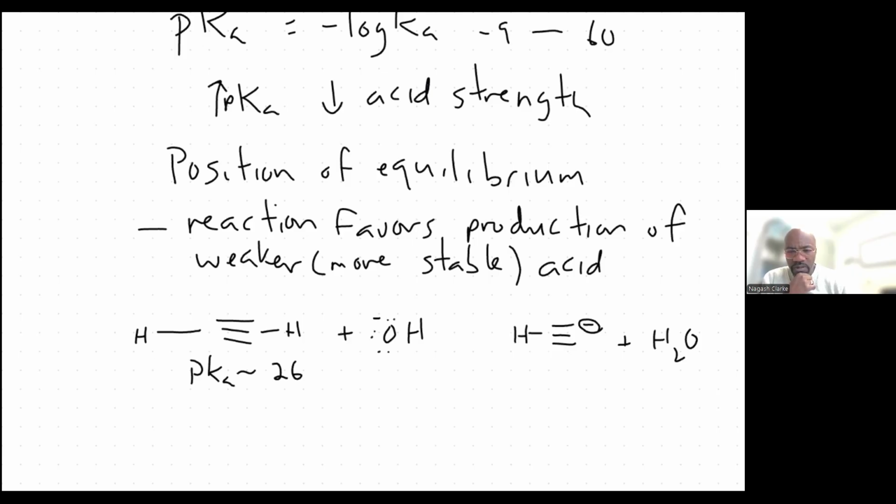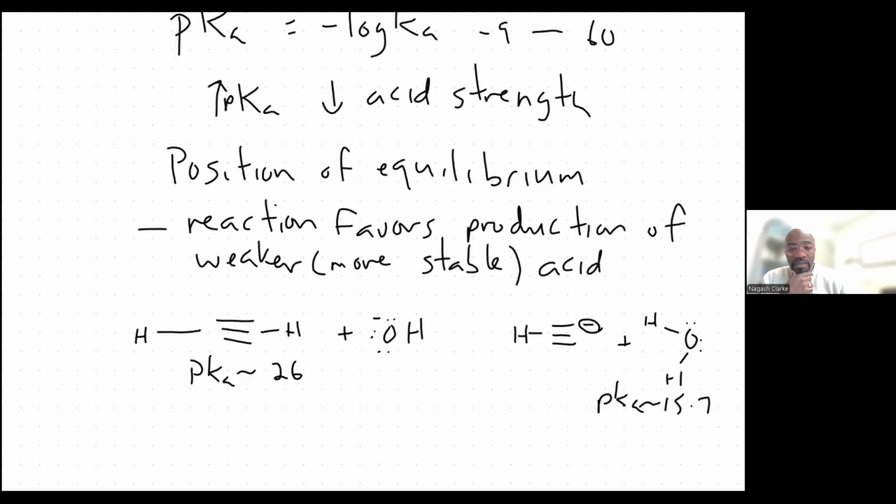Lone pairs on the water. And actually, I'm going to draw the H's on water, and we're going to see later why I did that. So the pKa of water is around 15.7.